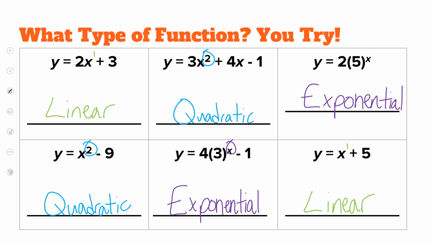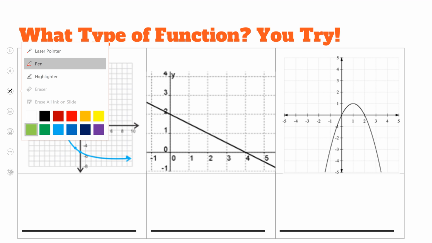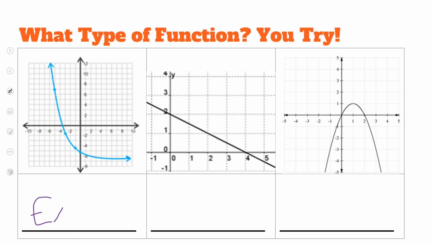Now let's look at some of the graphs and see if we can identify them. So this first graph kind of looks like a roller coaster. It has a steep drop and then it starts to steady out towards the end. Anything that looks like that, that's not consistent, like the degree is not consistent, that's going to be exponential.